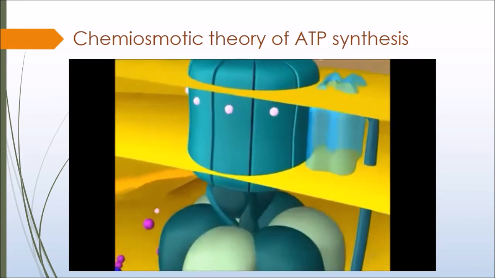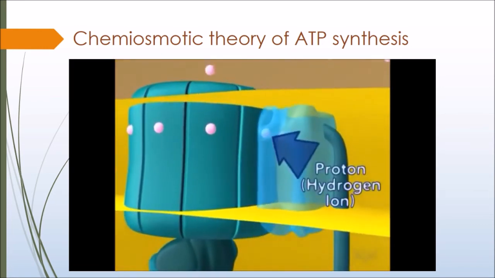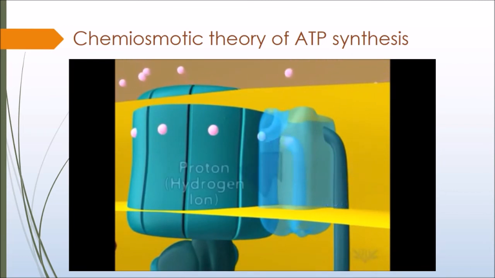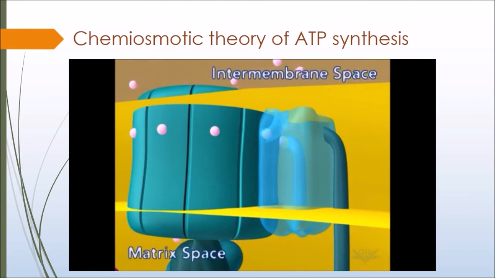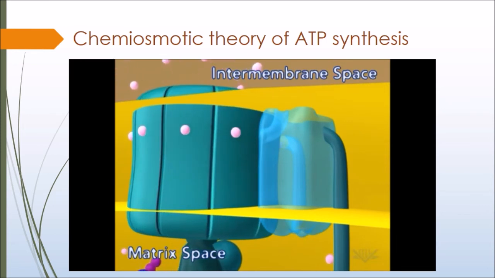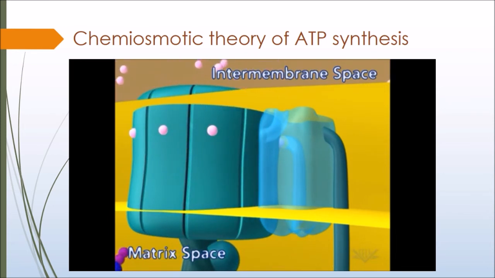This occurs at the ATP synthase complex. One hydrogen ion enters the ATP synthase complex from the intermembrane space, and a second hydrogen ion leaves it into the matrix space. The upper part of the ATP synthase complex rotates when a new hydrogen ion enters.